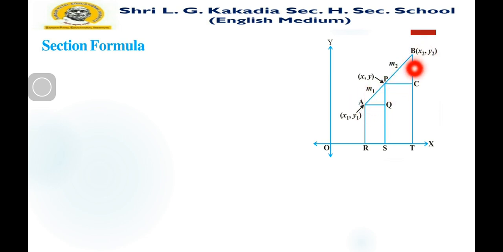So if we want to find the coordinates of this point P, x and y, we use the section formula.